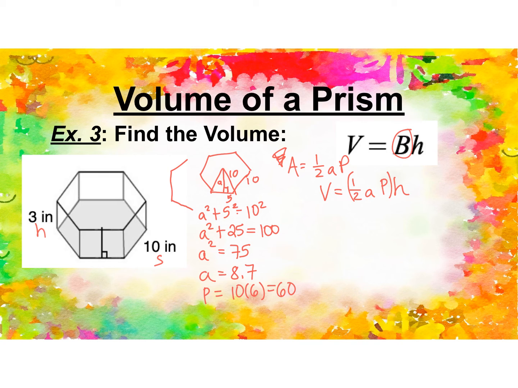So when I plug this in, I'm going to get 1/2 my apothem, which is 8.7, my perimeter, which is 60, and my height, which is 3. And you should get about 783 cubic inches.